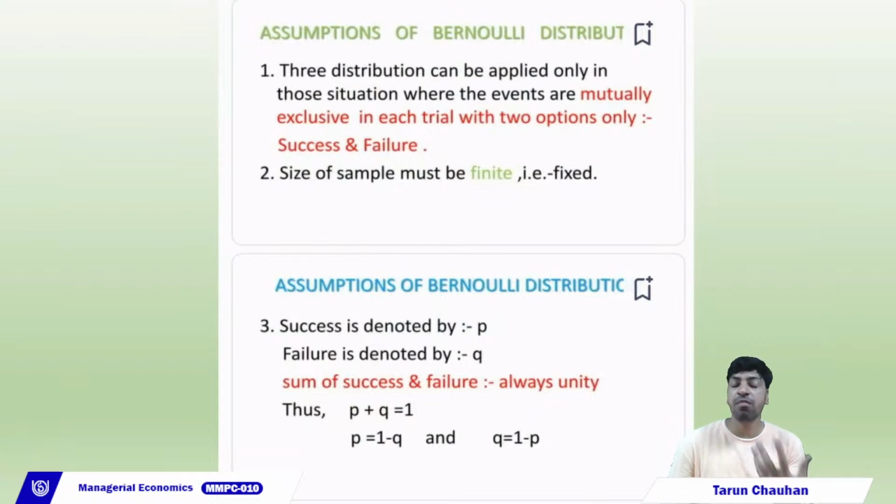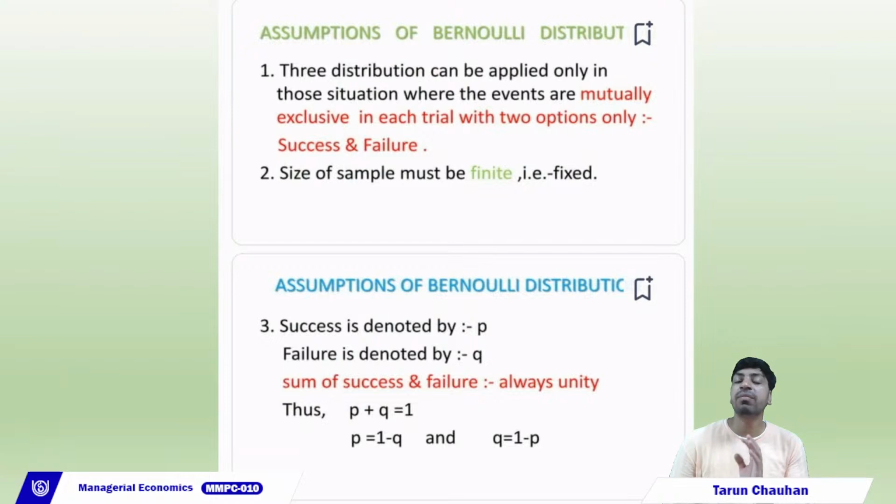Assumptions. When we talk about the binomial distribution, assumptions are very important, as they depend upon the question, which includes the success and failure, the values, and the sample size. So assumptions will be followed in such particular situations.